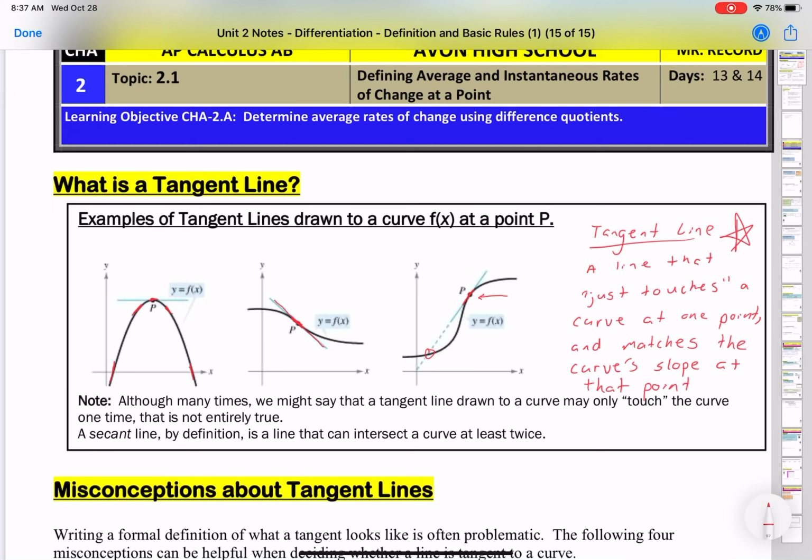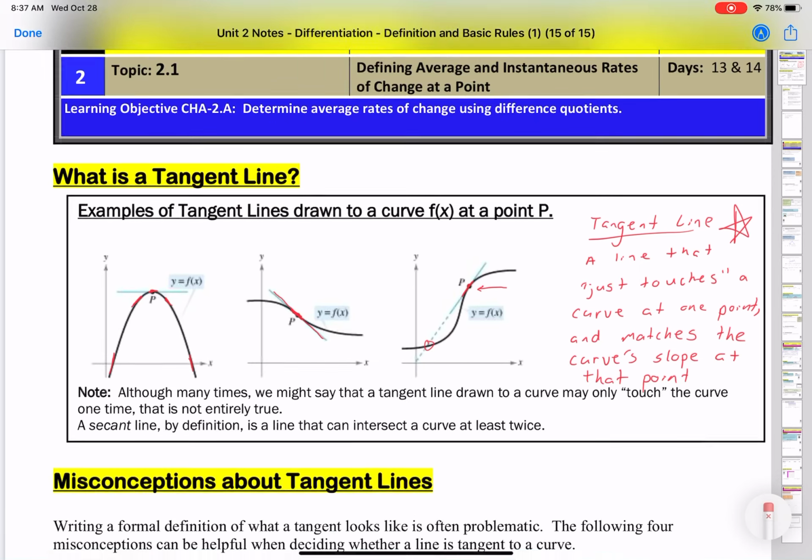So we're essentially talking about slope. We're going to use this idea of a tangent line because it's a line. It's easier to find the slope, but it matches the curve's slope at one point. So we're going to be working with slopes of tangent lines for a while, for probably all of units 2, 3, and 4 at least.